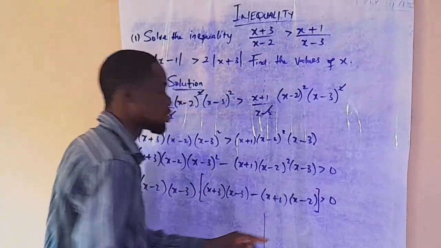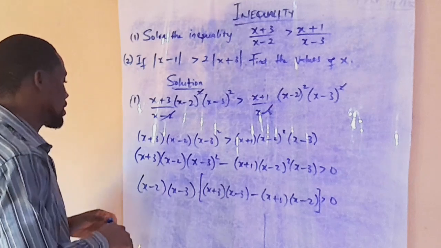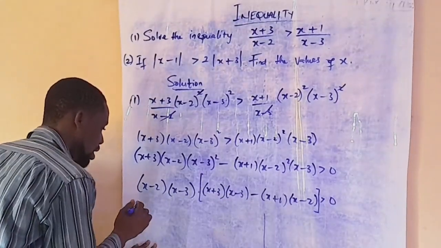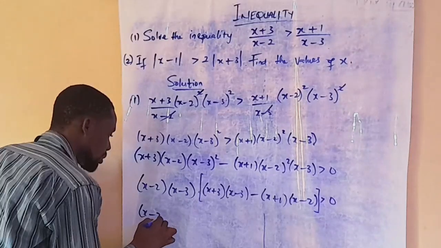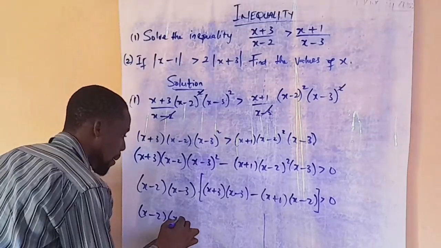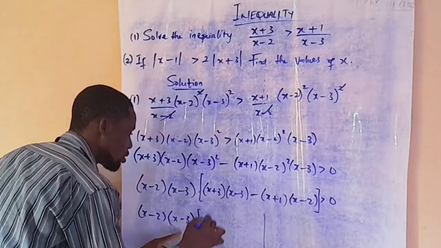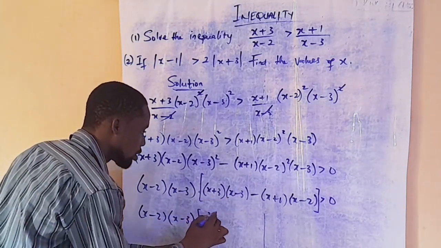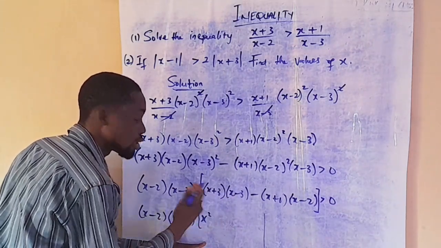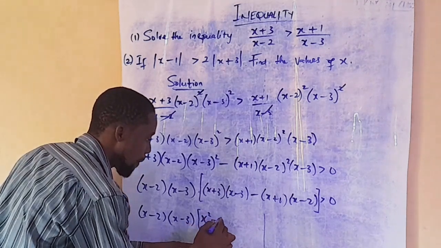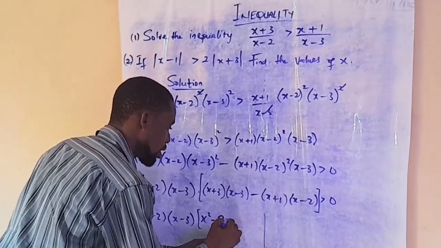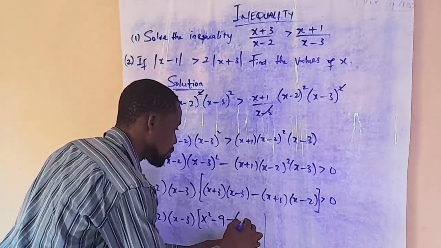Let's first close our brackets. Now at this point, for expanding the inside and subtracting, this remains (x - 2)(x - 3) into, this is x squared, minus 3 plus 3 is gone, so minus 9. Expanding, minus, let's put the small bracket here.